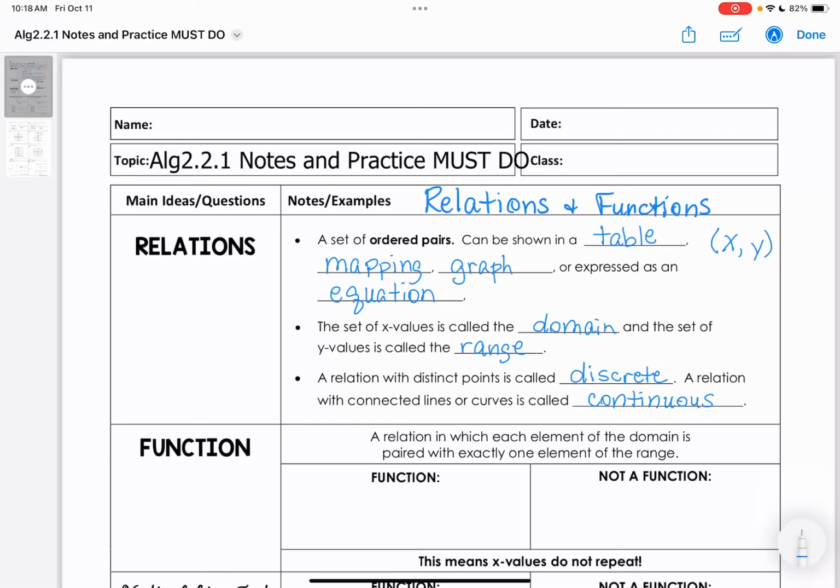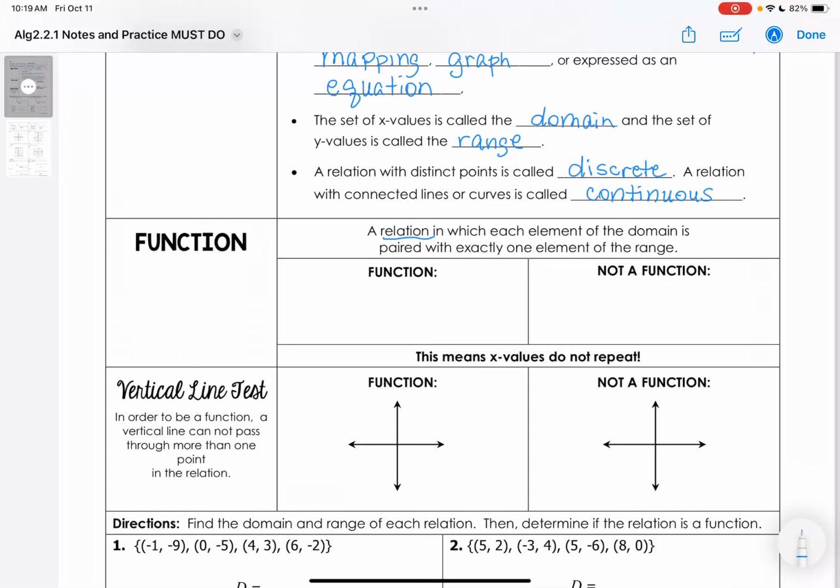Now, functions are a specific type of relation in which each element of the domain is paired with exactly one element of the range. So a function, for example, would be the set that includes 0, 1.